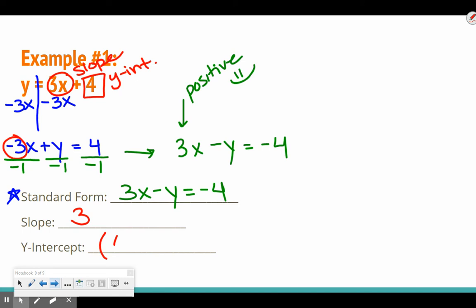And the y-intercept is at positive 4. Okay, so really these are something you could fill out right away before you do your standard form. Okay, because looking here at this standard form equation, it's hard to identify what the slope and the y-intercept is.